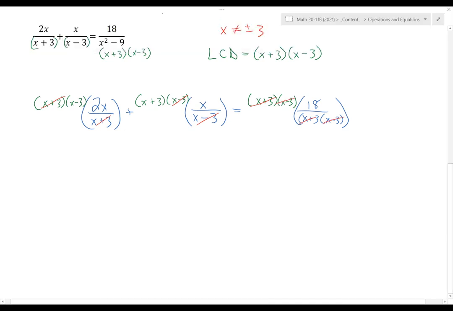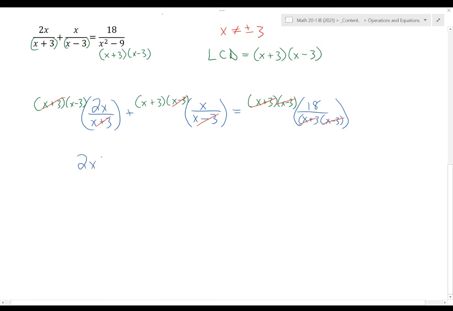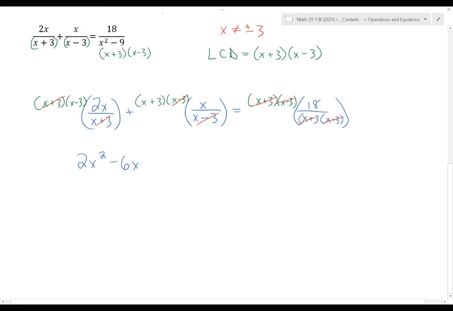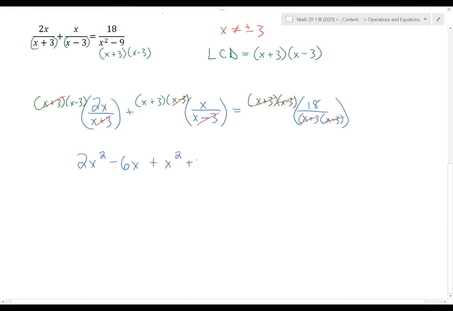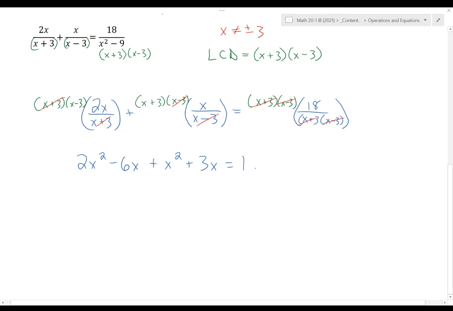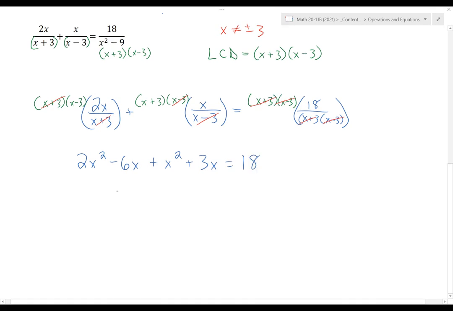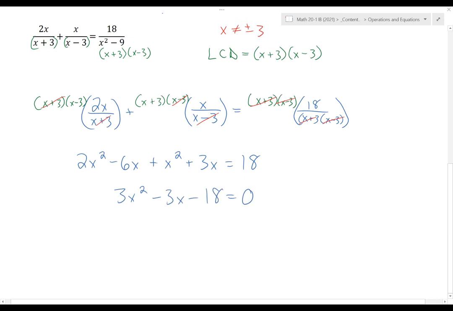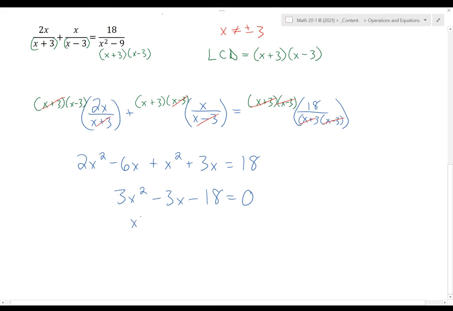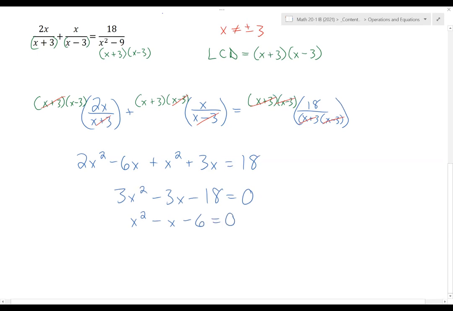So the new equation that I have, well, x minus 3 times 2x, which I can distribute, so that's 2x squared minus 6x, plus x plus 3 times x, well, that's going to be x squared plus 3x, equals 18. And this is a quadratic equation, so I get 3x squared minus 3x minus 18 equals 0. I can divide the whole thing by 3, so I'm dividing both sides of the equation by 3, which gives me x squared minus x minus 6 equals 0 divided by 3, which is still just 0.